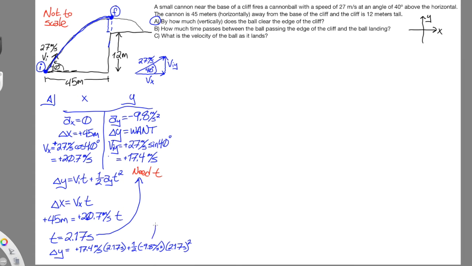And this works out to be delta y is 14.7 meters positive.